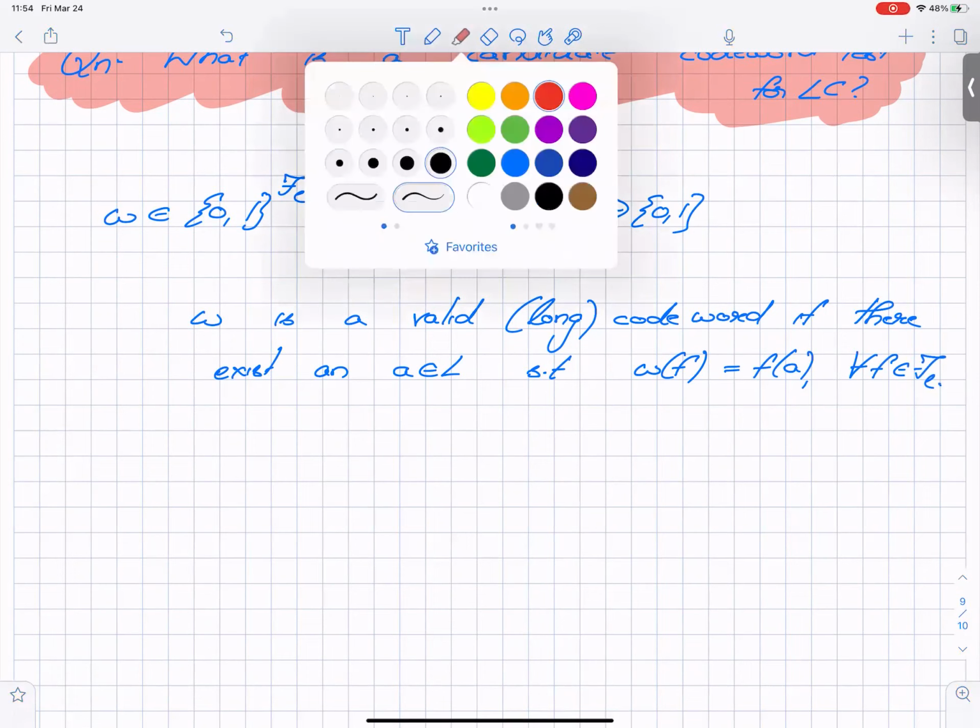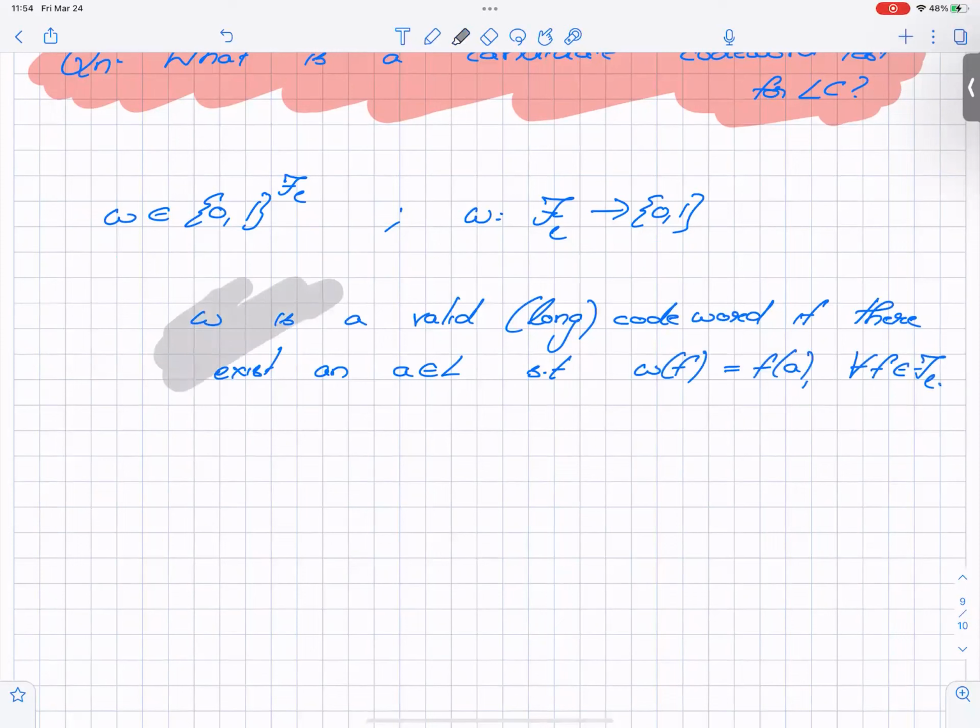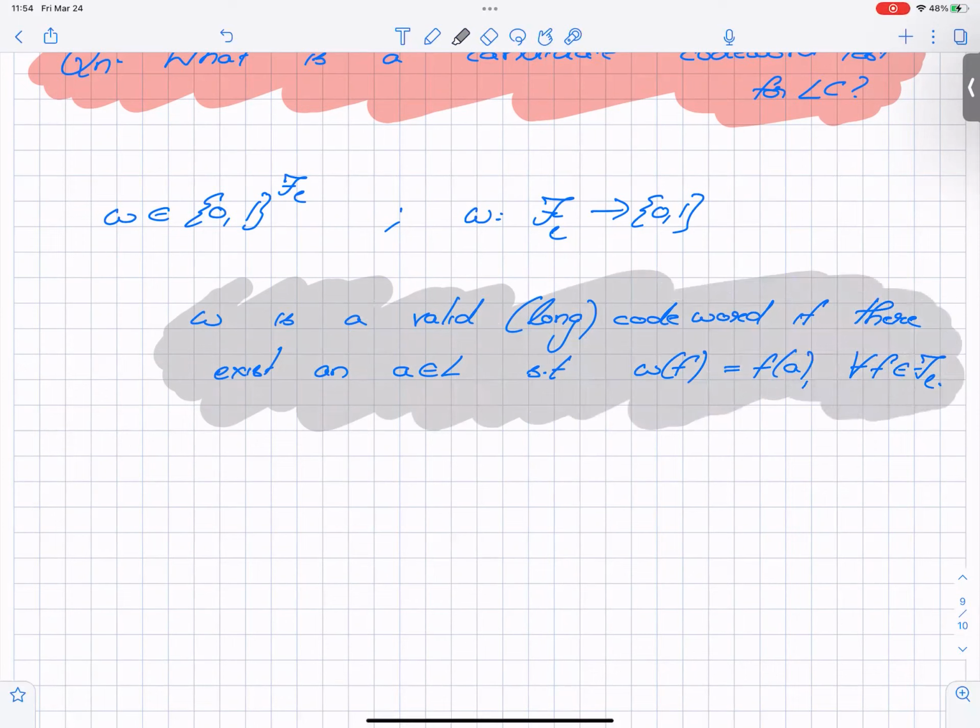This is just the definition of it. Each element in FL is now considered as an L-bit string. For each element in L, you are saying yes or no.